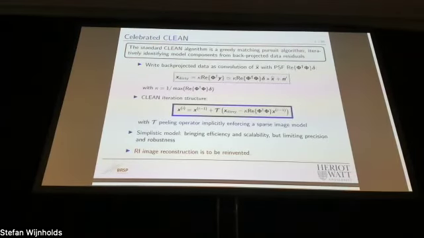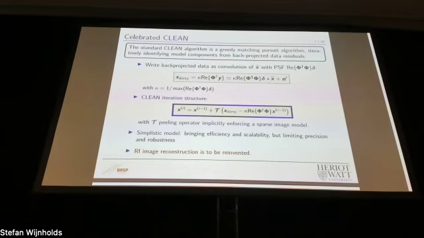So most of you who have worked with radio astronomy should be familiar with CLEAN, but just to reformulate it in our way, we start with the dirty image, which is the back projection of the data, and which also can be seen as the convolution of the PSF with the image that we seek, with some noise.